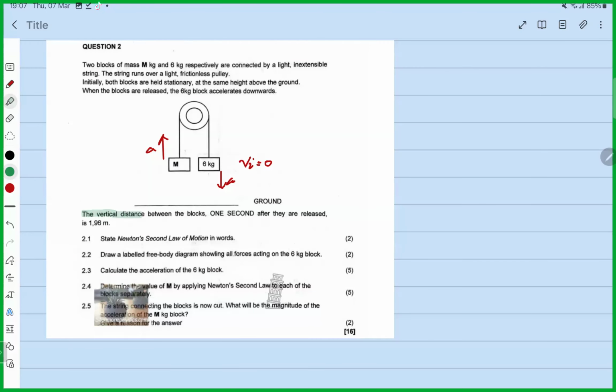It says the vertical distance between the blocks 1 second after they are released is 1.96 meters. So 1 second later, when these two start moving, this is the distance of separation between M and the 6 kilogram.